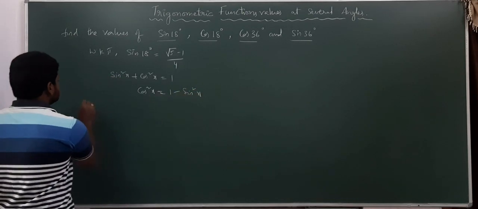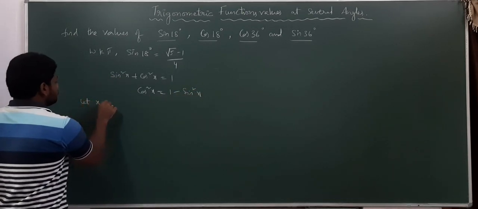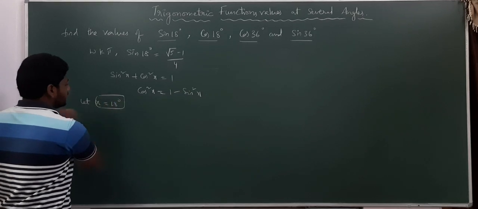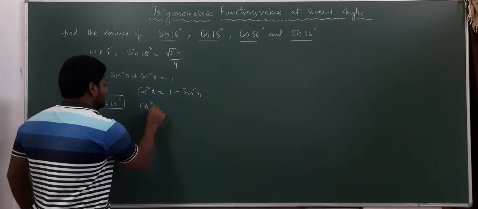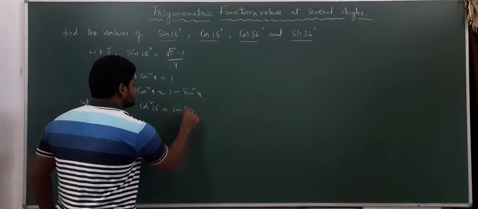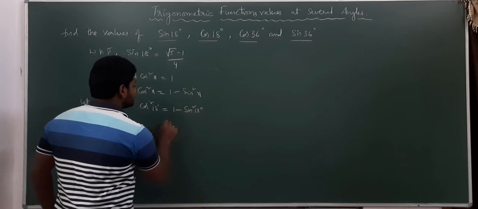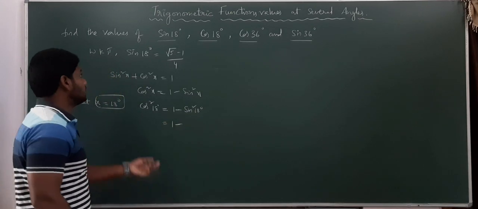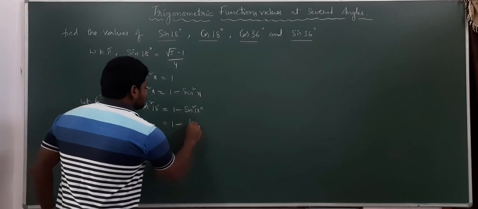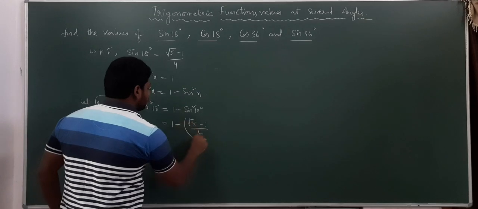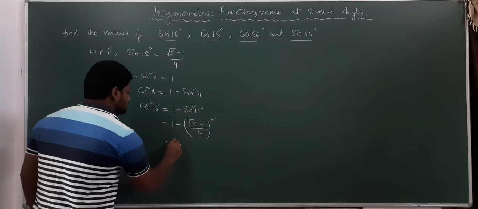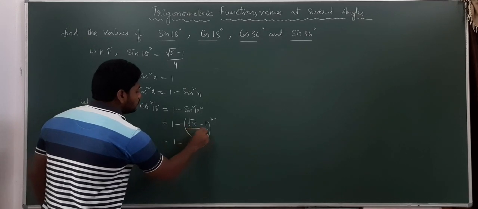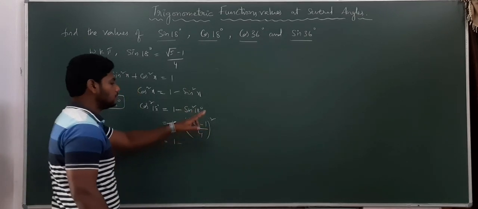Here, let x be equal to 18 degrees, and you substitute in this formula. So cos square 18 degrees is equal to 1 minus sin square 18 degrees. We know the value of sin 18 degrees, so you substitute it: 1 minus ((root 5 minus 1) by 4) whole square. You simplify this and you will get cos square 18 degrees. Here we use the (a minus b) whole square formula on the numerator.